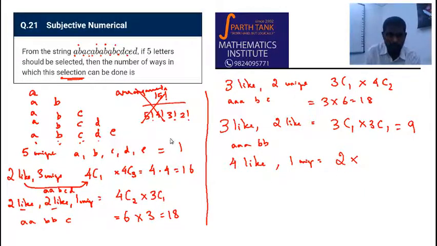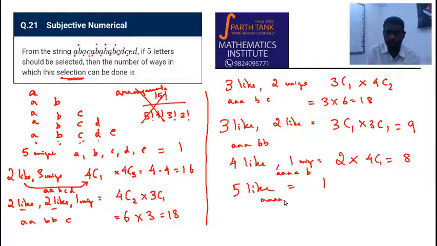And then from the remaining letters you can choose any one, so it is 4. Then 4 like, 1 unique is 8. And finally, 5 like is only one way, that is all A's.